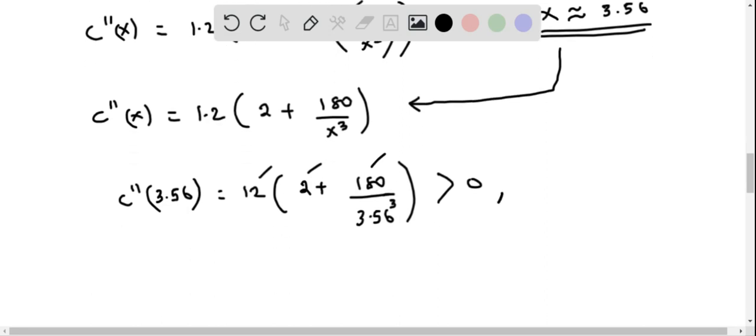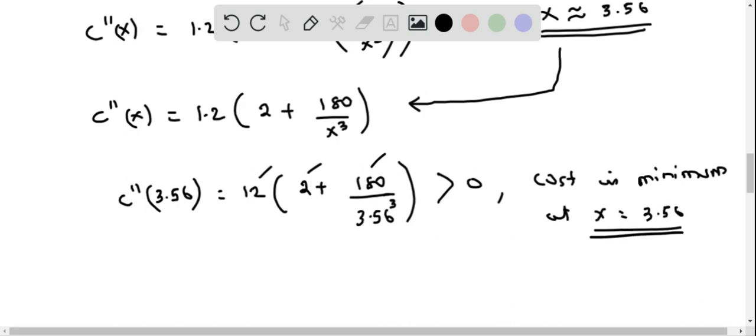This means according to the second derivative test the cost is minimum at this critical point, that is at x equals 3.56.